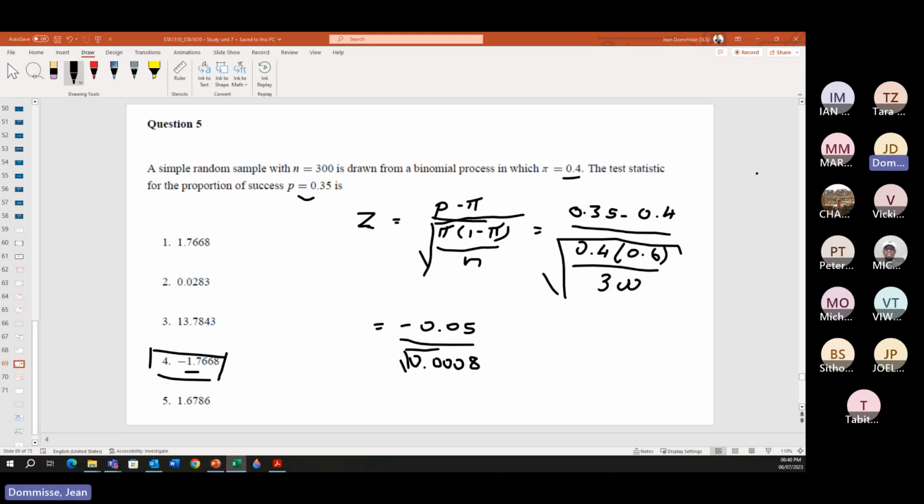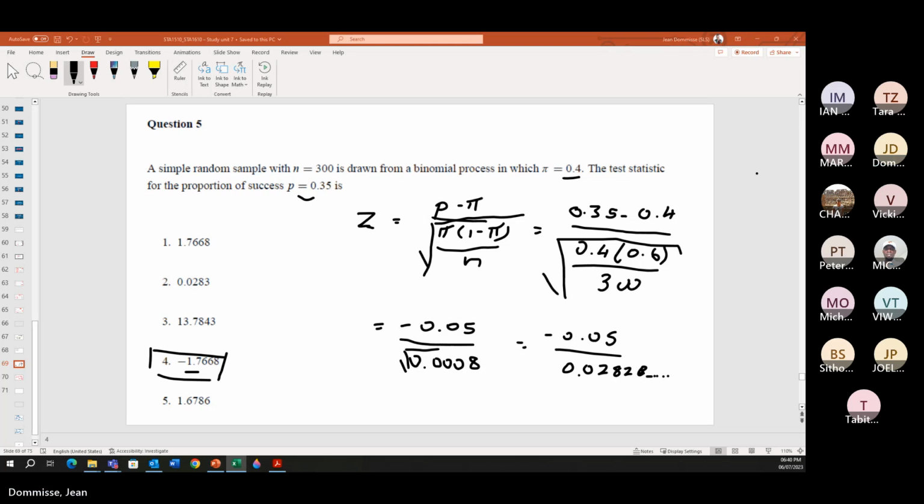Probably because everything is nearly rounded off to a certain number that it is like that. So then it becomes 0.05 divided by 0.02824 or something like this, but it continues. But again, when you do, you can round it off to 4 decimals or something like that.